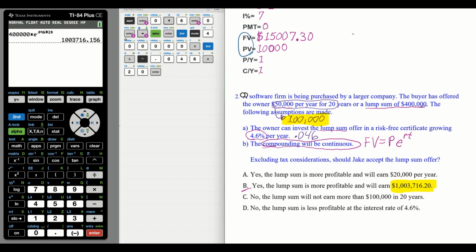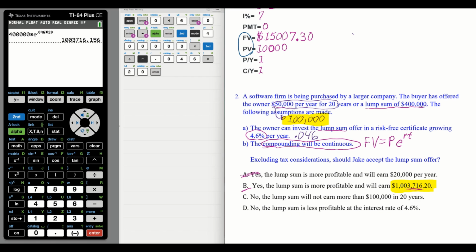Looking at our calculations, that is absolutely just true. Yeah, it is more profitable, but it's only going to earn us this extra $3,716 and some change. So I don't agree with that.